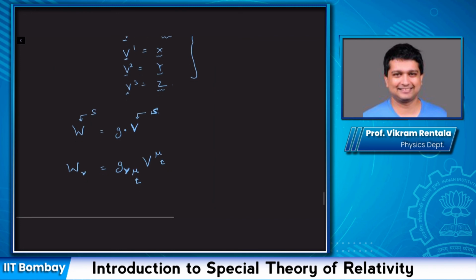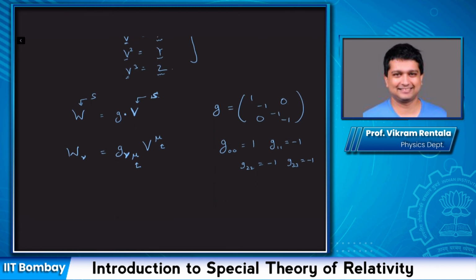So explicitly the entries of G, so G is this matrix with zeros everywhere else. G00 is 1, G11 is -1, G22 is -1, G33 is -1, and all other entries of G are 0.